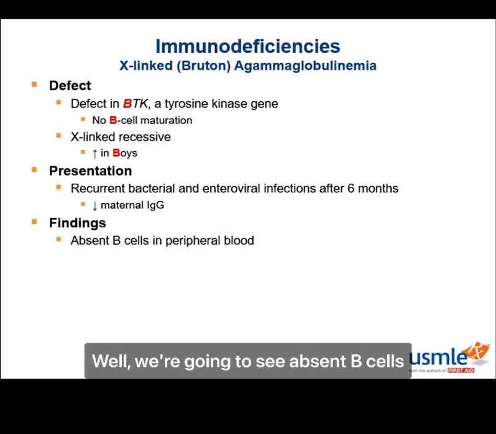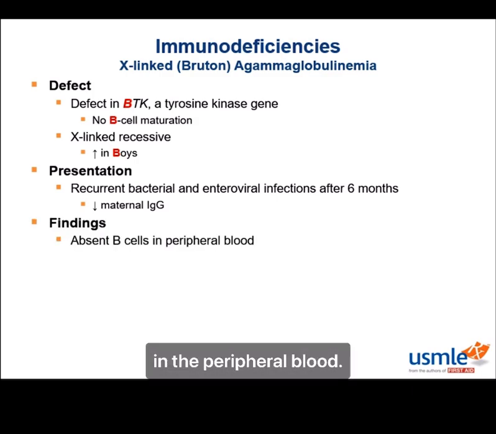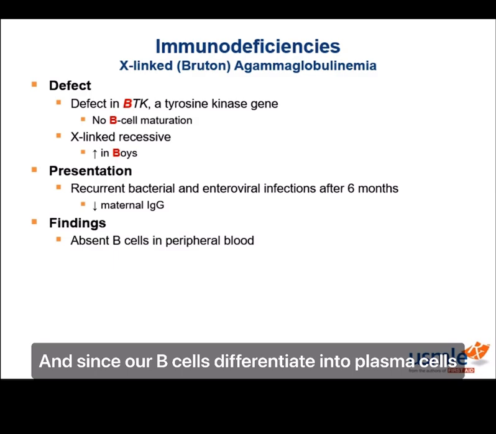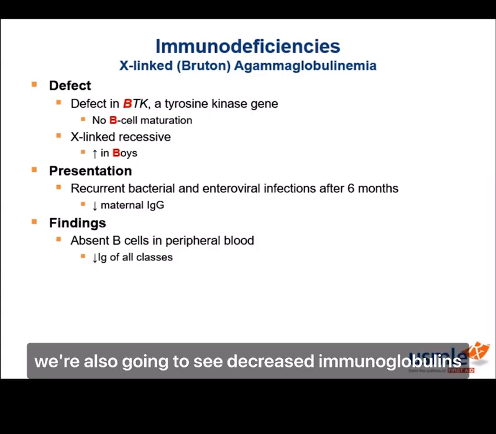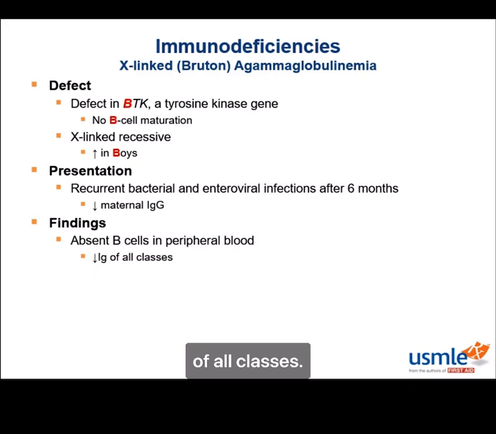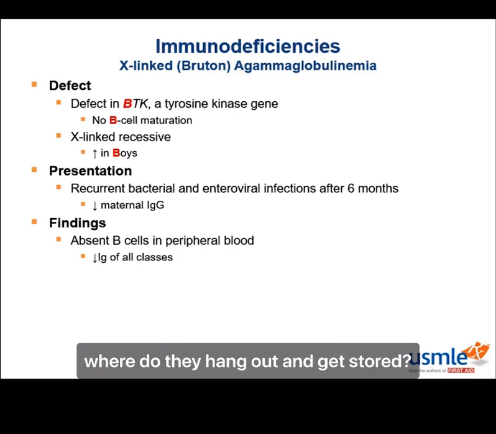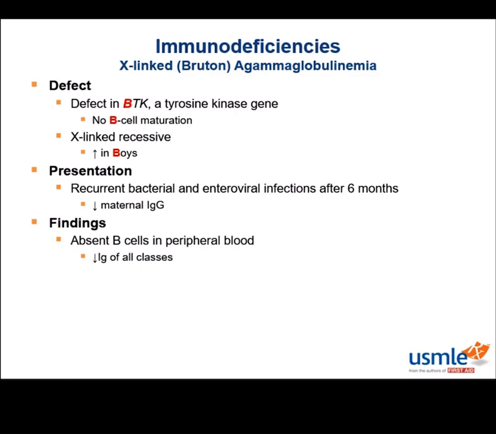Well, we're going to see absent B cells in the peripheral blood. And since our B cells differentiate into plasma cells to secrete the specific immunoglobulins, we're also going to see decreased immunoglobulins of all classes.